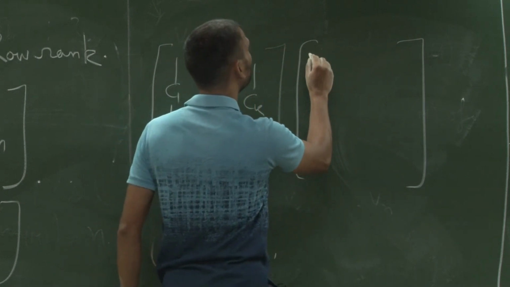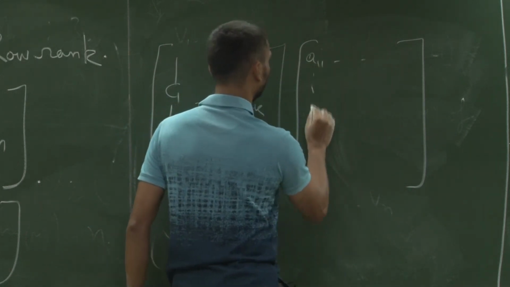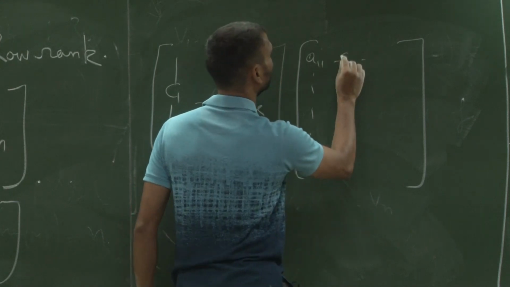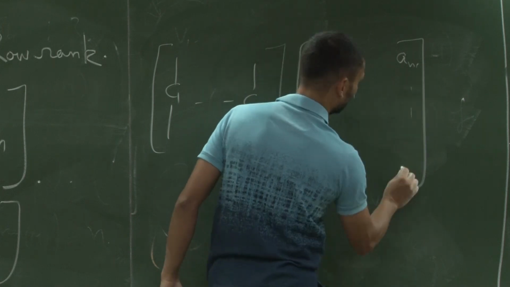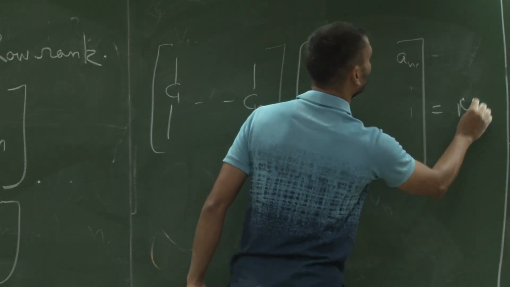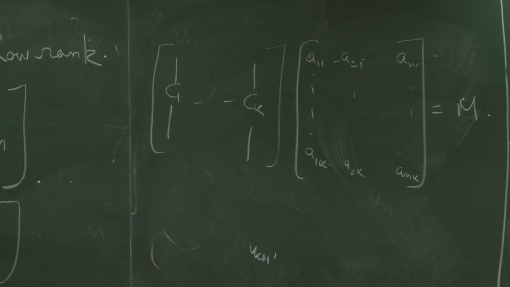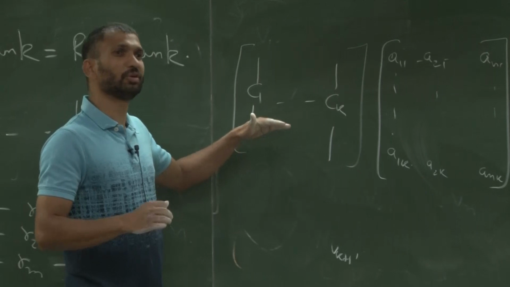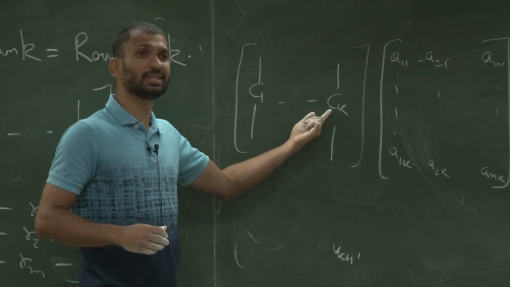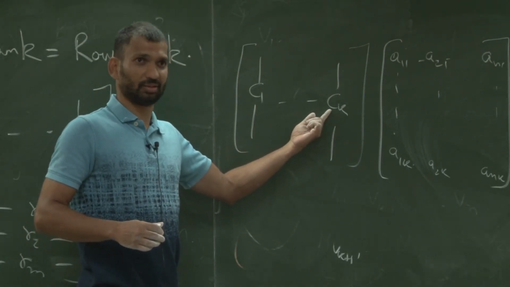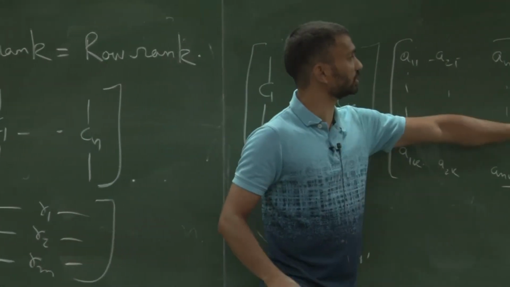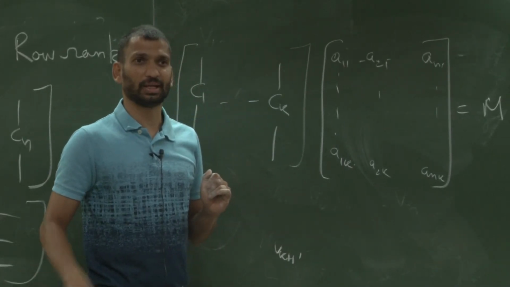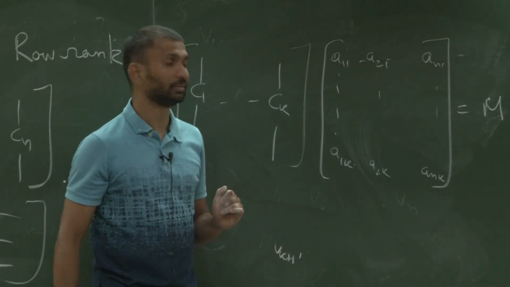So I can have some numbers here, A11 up to, agreed. This is the definition of, in some sense, saying that column rank is k, right? Because there are k vectors which I have picked from here, and there are some linear combinations which make M, right?